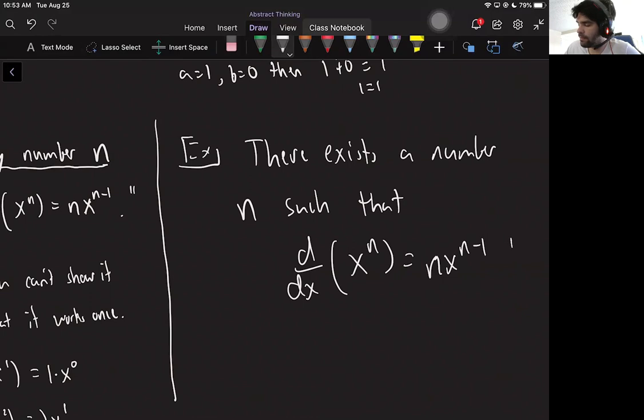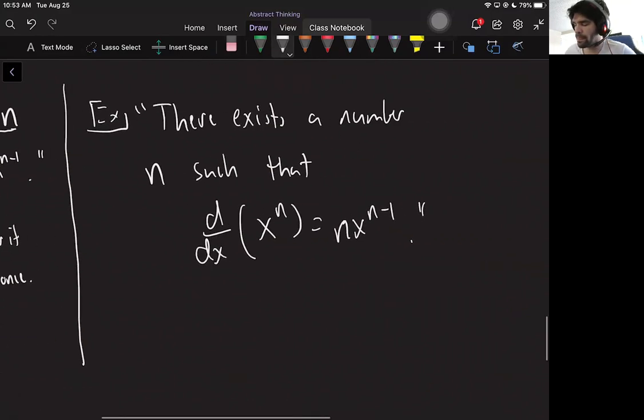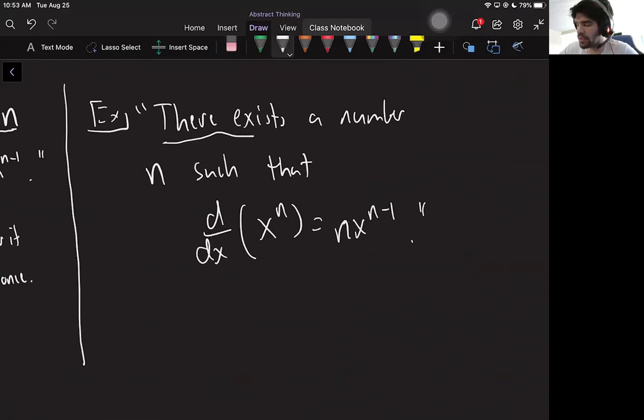So now this one is still true. They're both true, but this one I can actually show by finding an example where it works, because all I'm saying is that there does exist a time where it works.